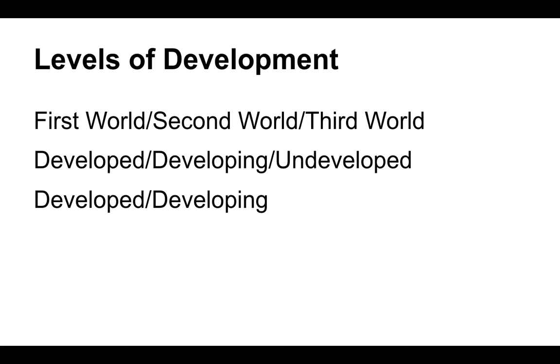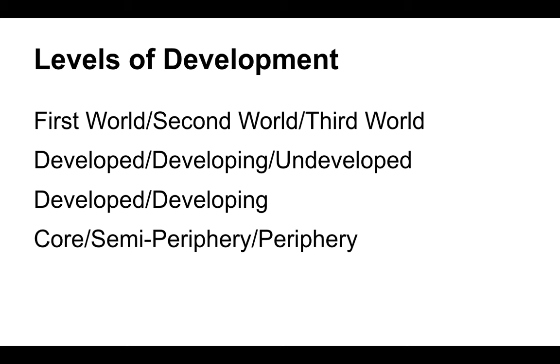So geographers were unhappy with most of these. So in AP Human Geography, we tend to subscribe to a model called World Systems Theory. And in World Systems Theory, they use these three words: core, semi-periphery, and periphery. These can solve a lot of problems for AP Human Geographers because it's not really about development.